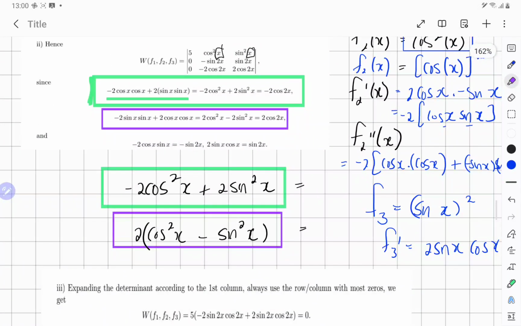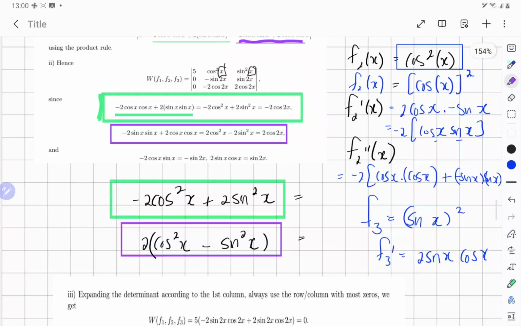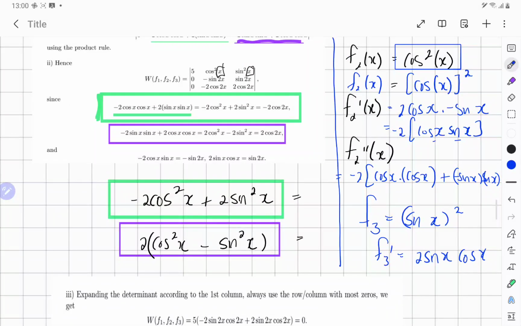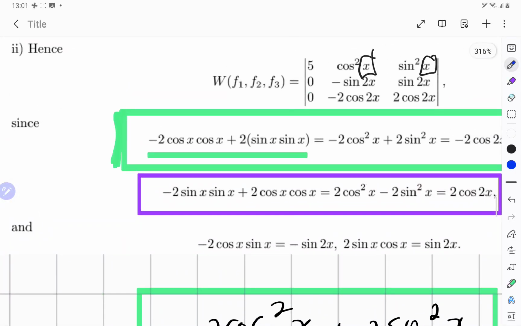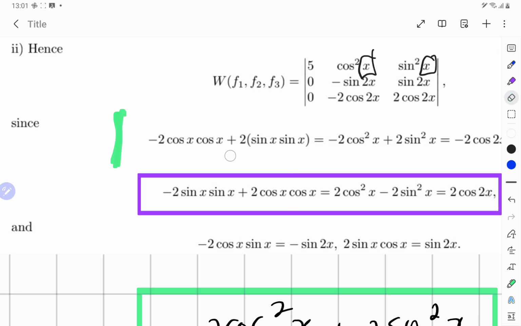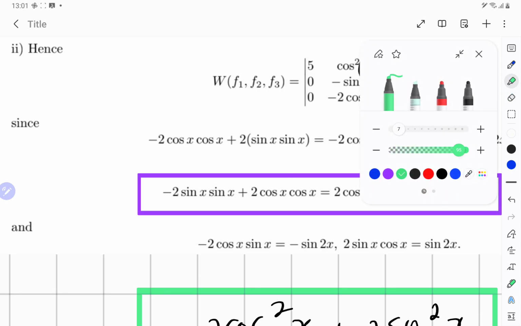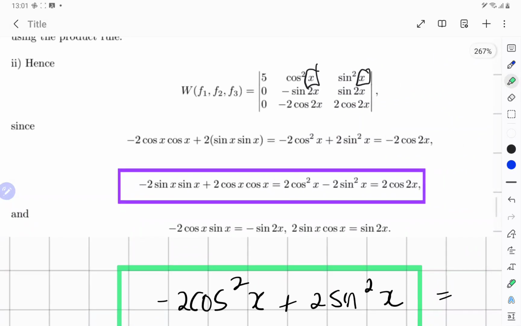Now I just want to show you what I've done here. So these are just all my derivatives. The green part, I have just simplified this. Now you should also know this from first year.